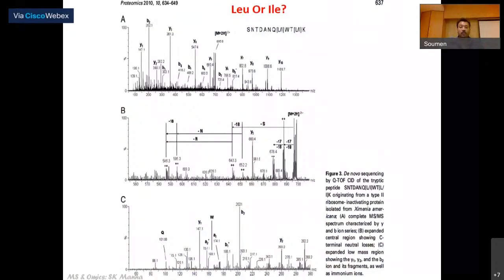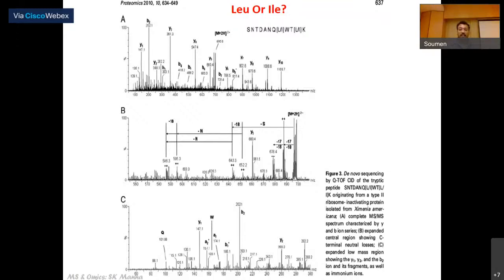Now when you do this sequence work, one of the challenges typically people face is how to distinguish between isoleucine and leucine, because they have the exact same mass and therefore the B and Y ions are not going to give you any information about whether it is isoleucine or leucine.